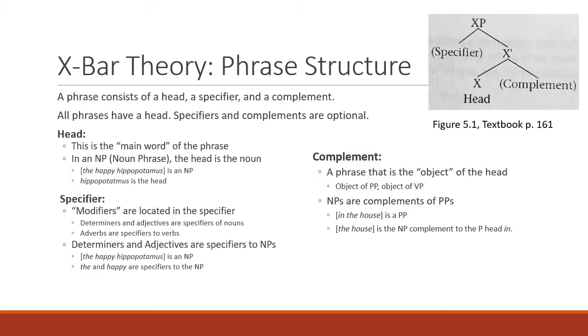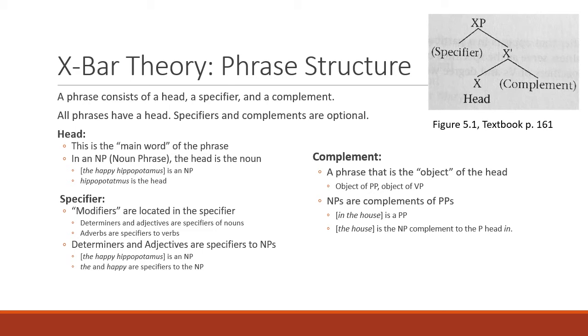You can see this in the top corner here. This is a picture straight out of your book. This format is the basis of X-bar theory of syntax. For example, if you have a noun phrase, then the XP will be an NP instead, the X-bar will be an N-bar instead, and the X would be an N instead, and the head of it will be the noun.